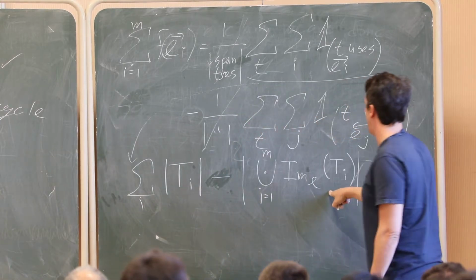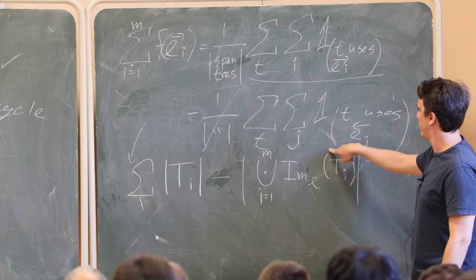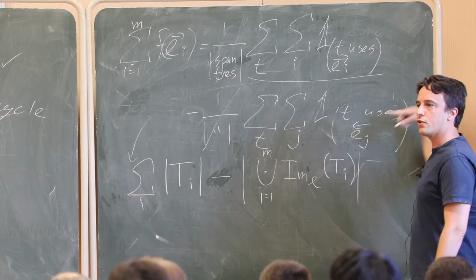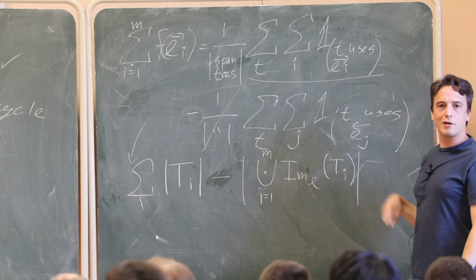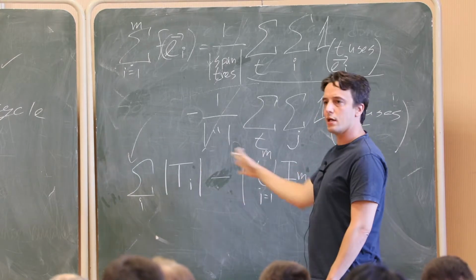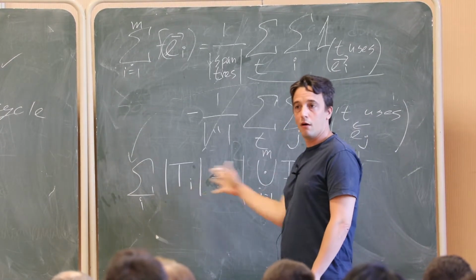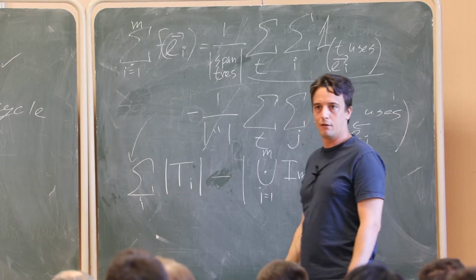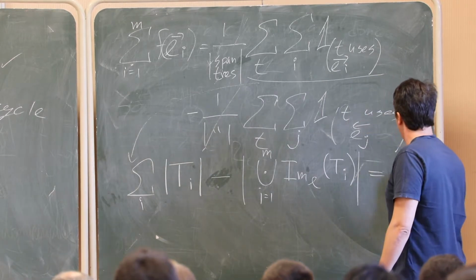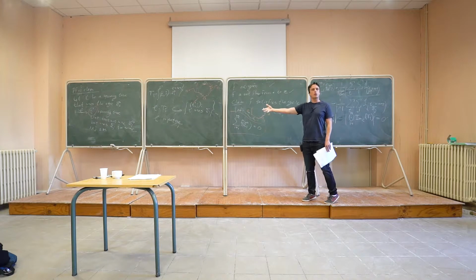What's written here is all the trees, all the pairs (T, j), such that T uses j in the other direction. And what we proved is that these two sets, which are also disjoint unions of sets, have the same cardinality. Hence this is 0, because phi is a bijection onto its image.